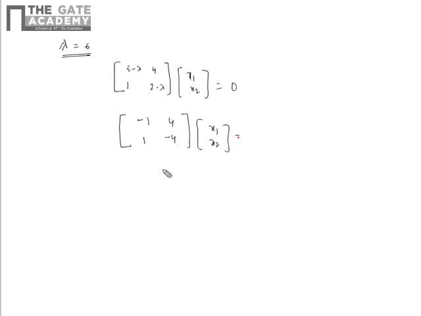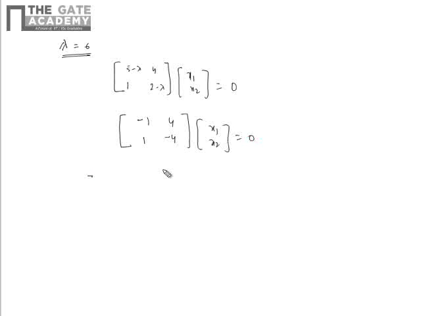Now substituting in that expression, that is [5 minus lambda, 4; 1, 2 minus lambda] into [x1, x2] is equal to 0. If you substitute lambda is equal to 6, you will get [minus 1, 4; 1, minus 4] and [x1, x2] is equal to 0.